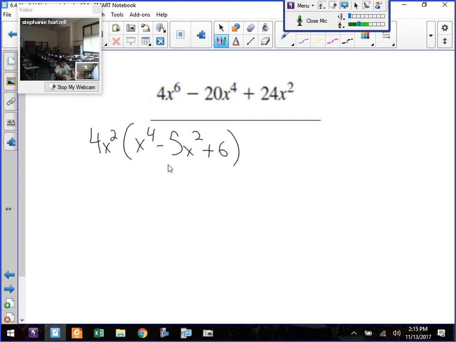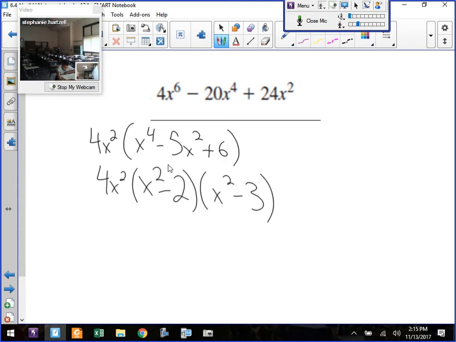Negative 3 and negative 2. So you get 4x squared times x squared minus 2 times x squared minus 3.